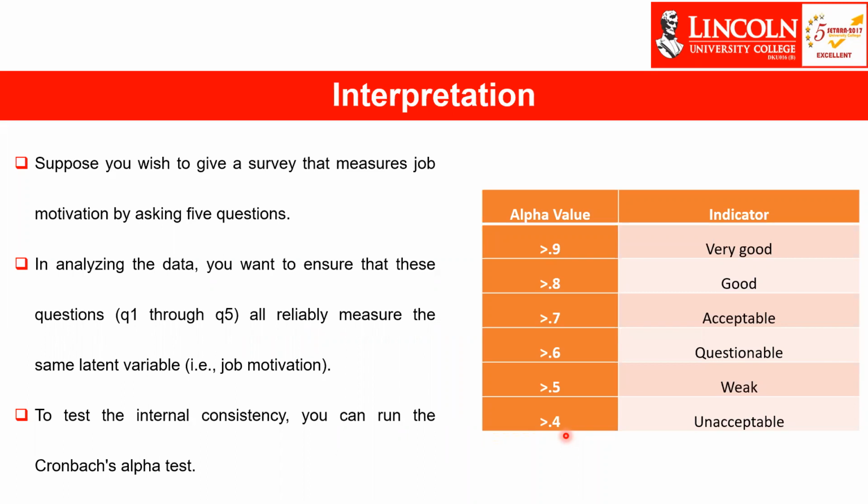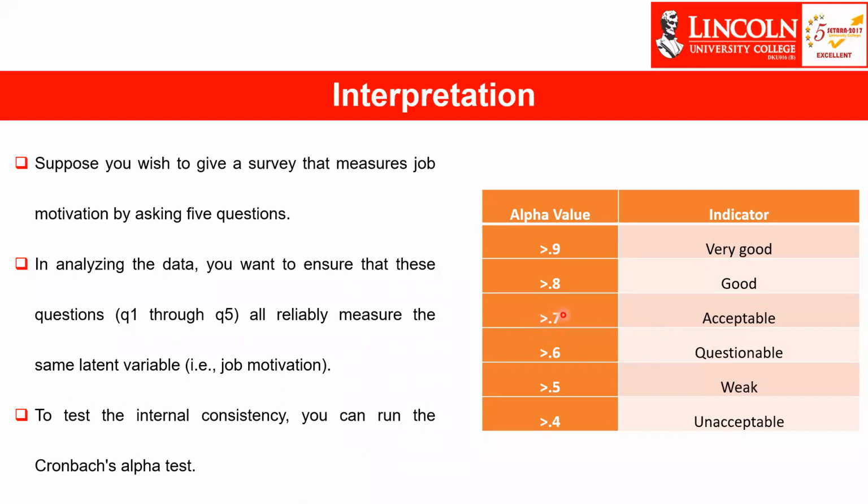And when you do that, if your Cronbach alpha value is 0.4 and below, it is unacceptable. If it is 0.5 and below, it is weak. If it is between 0.5 and 0.7, okay, at least greater than 0.5, it is questionable.